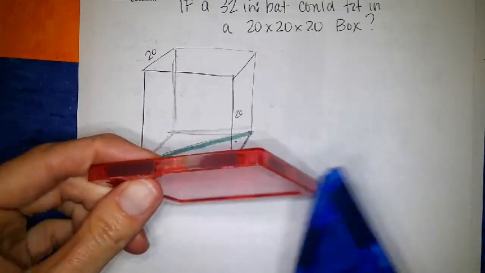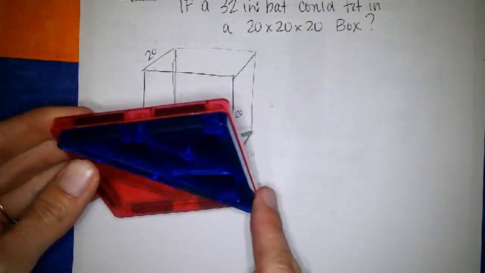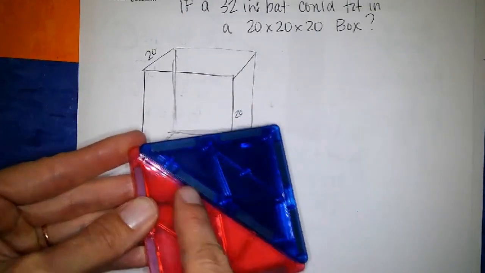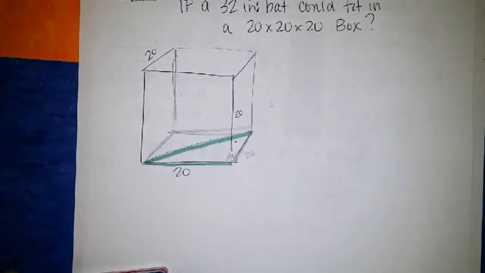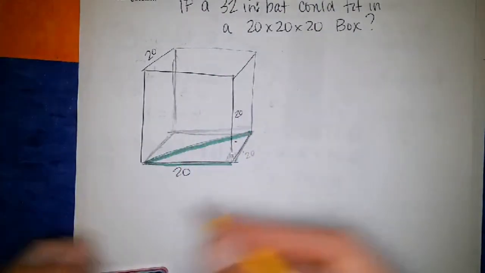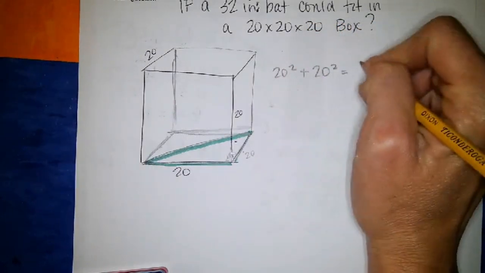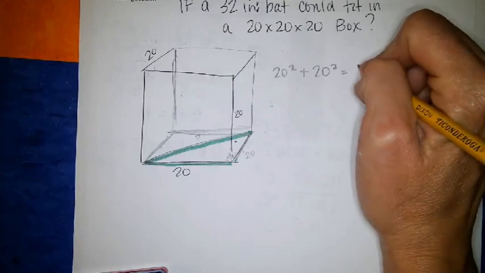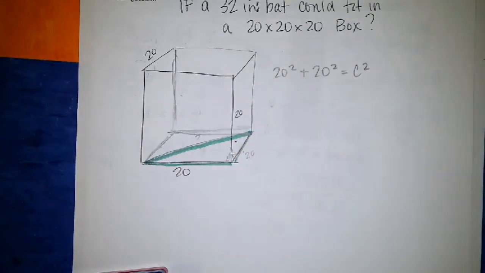That means that right now we're solving to figure out, if we know that this is 20 and this is 20, what the length of this is. And in order to do that, we're going to use the Pythagorean theorem. So we know that 20 squared plus 20 squared equals c squared, since we don't know what this is. 20 squared plus 20 squared. So what is 20 times 20?